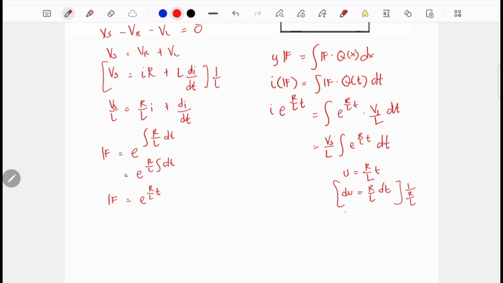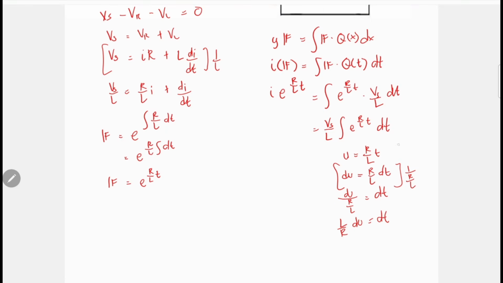So this becomes du over R over L equals dt. When the denominator is a fraction, the denominator will become numerator. So this becomes L over R du equals dt.